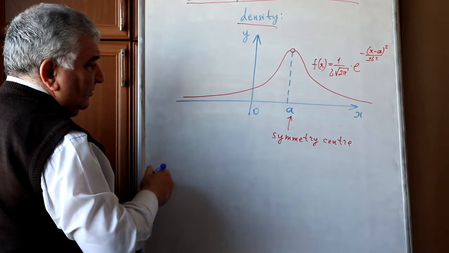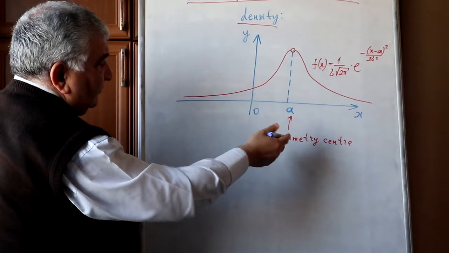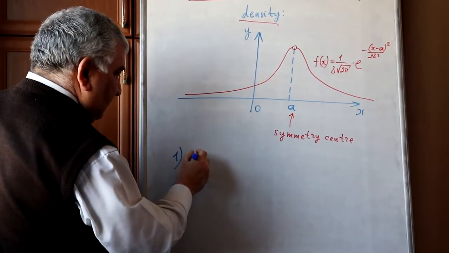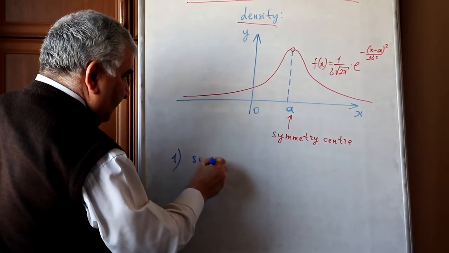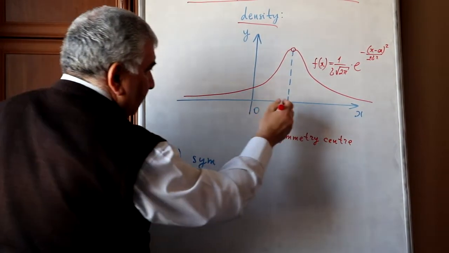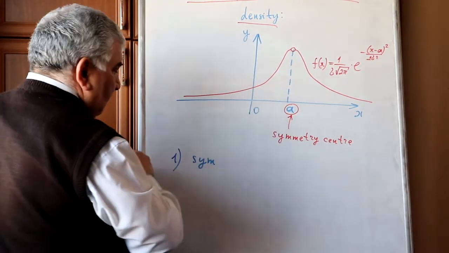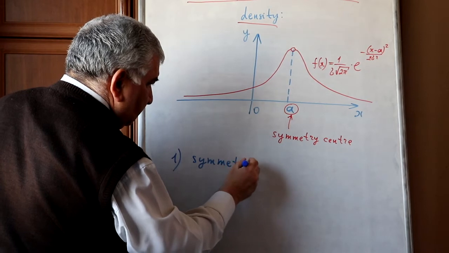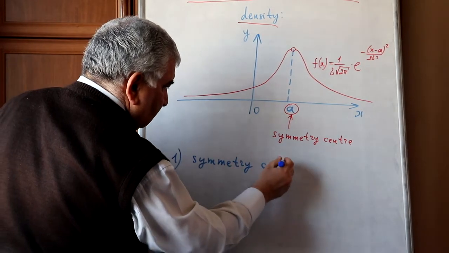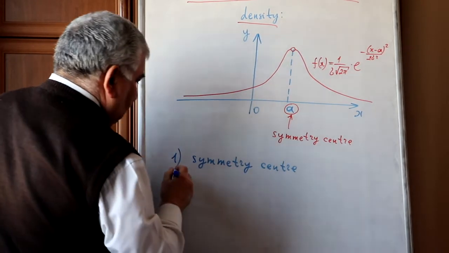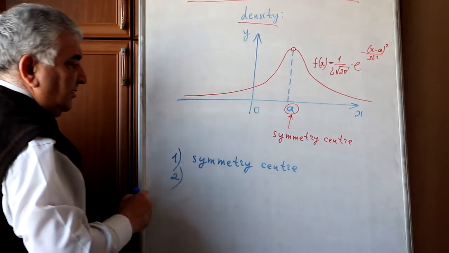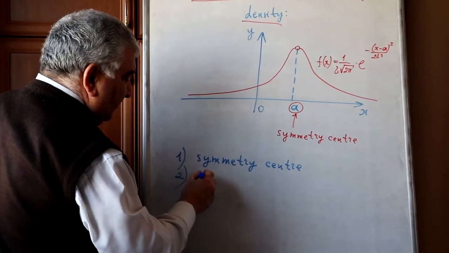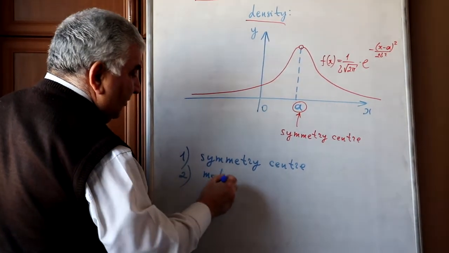Now write the names of the symmetry center. First name: symmetry center itself. Then it is also the mode. Why? Because what is mode?